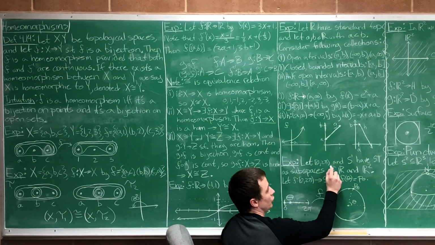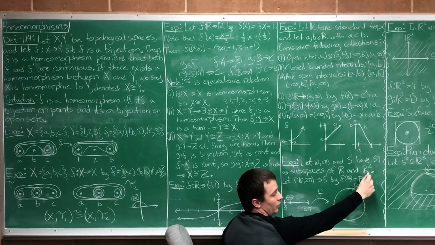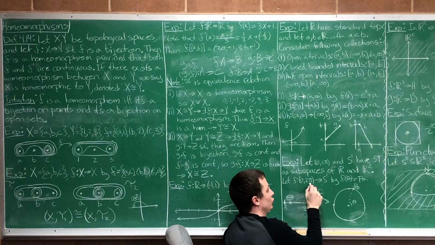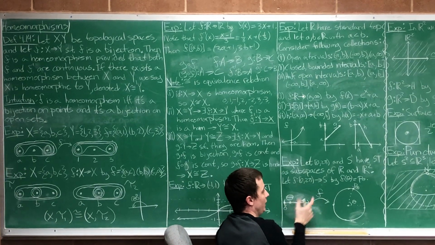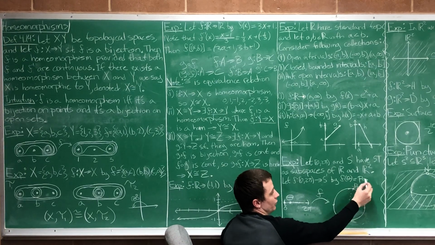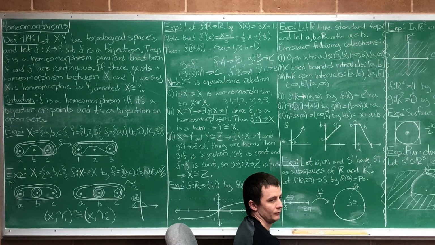Okay, so 0 to 2 pi and S1 have the standard topology as subspaces of R and R2. And now we have F is a function from 0 to 2 pi, so this is its domain, and its output is S1 by F of theta equals a point at the angle theta. Good?